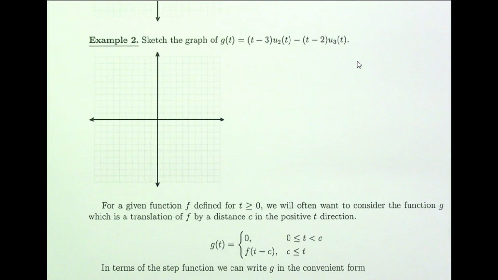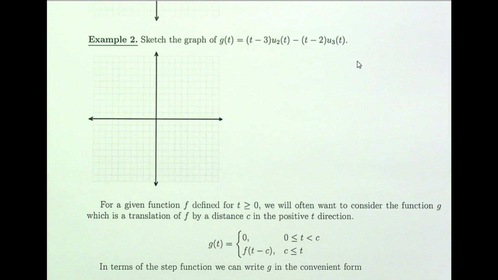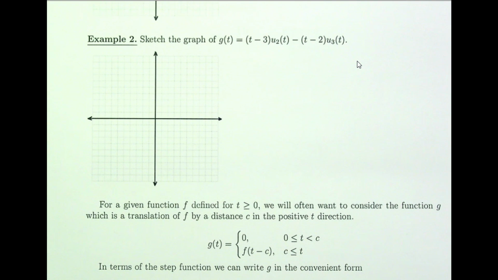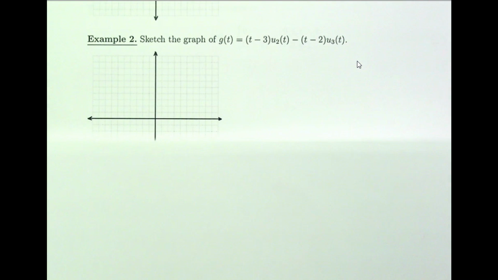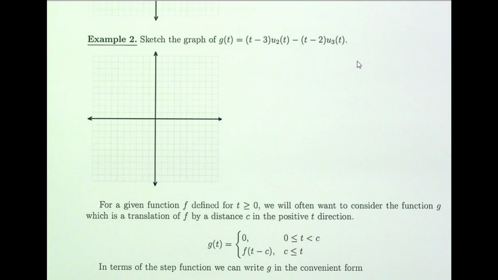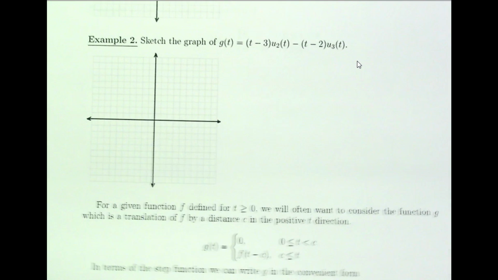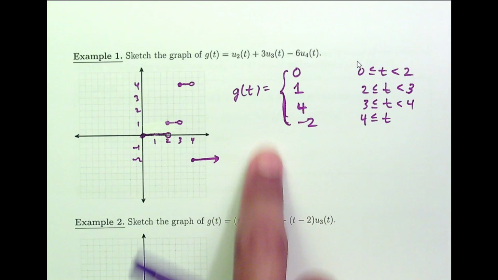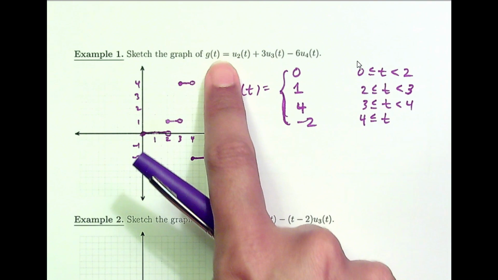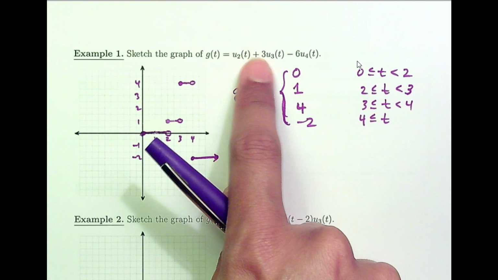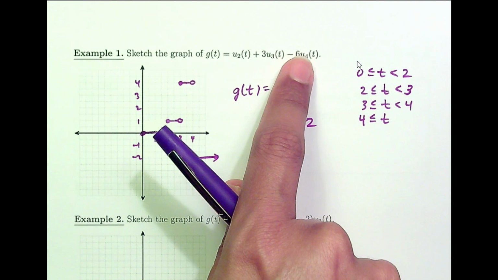Okay, now we're going to do another example of the same type. This one is just slightly more complicated. Not too terrible, but just slightly different. And here's the difference. If you look at the coefficients of the u's here, the coefficient is 1, the coefficient is 3, the coefficient is negative 6.